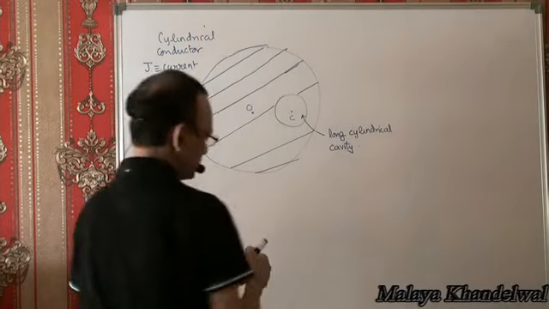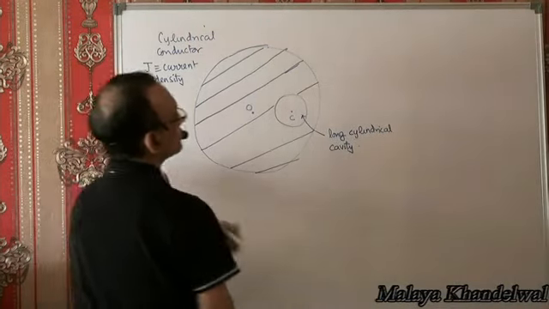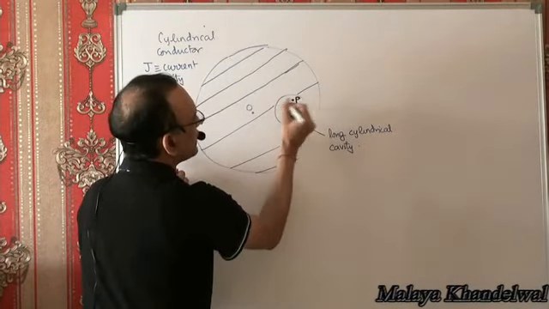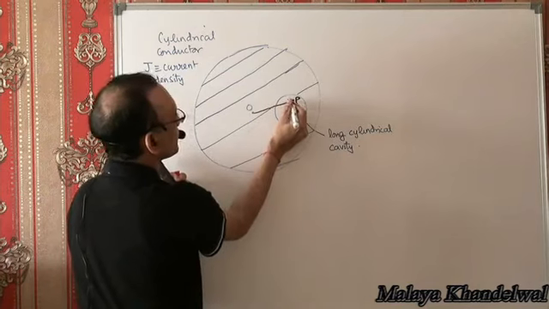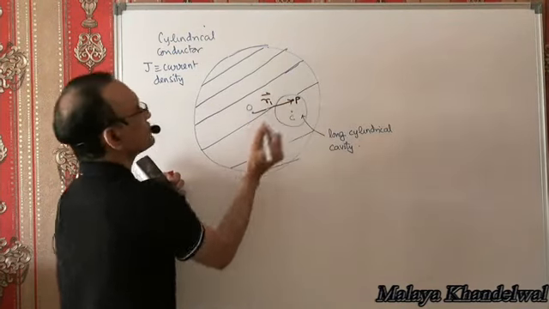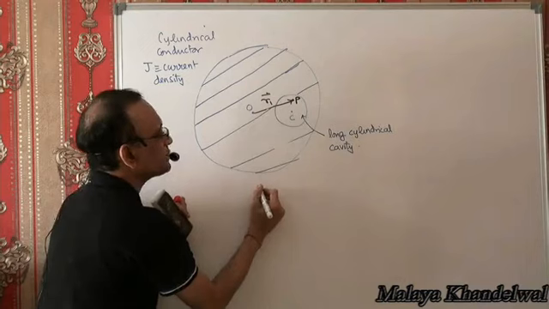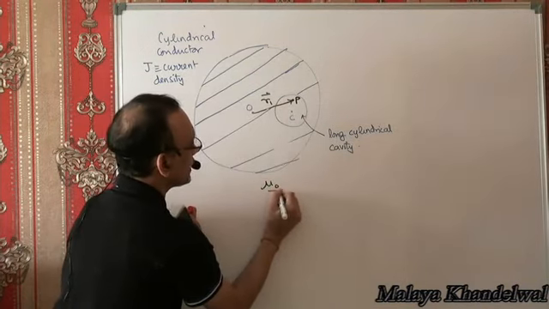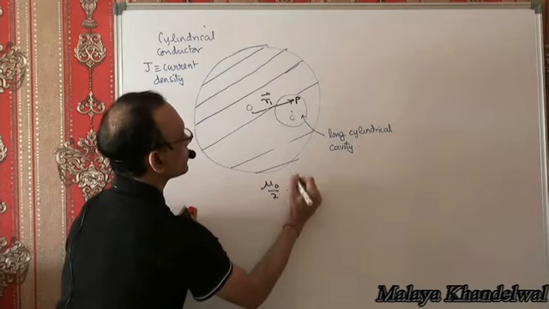Very clearly, if this cavity was not there, and say I look at a point P whose position vector is R1 with respect to O, then the field at P, as you know, would have been mu naught by 2 J cross R1.